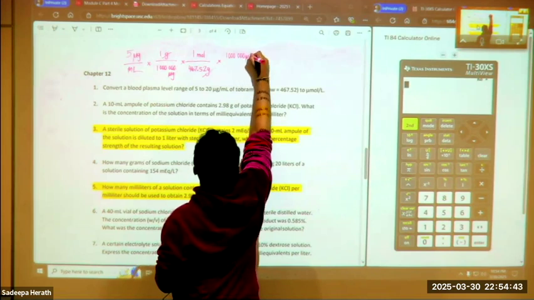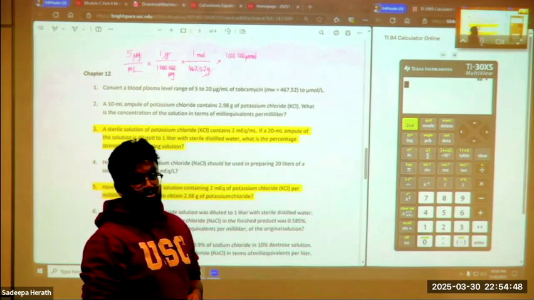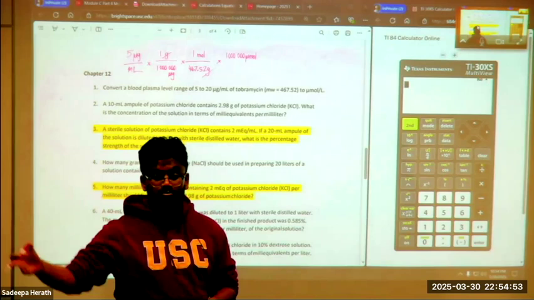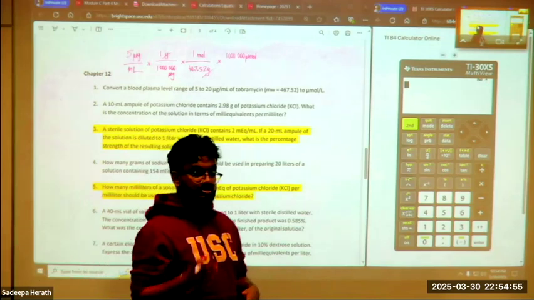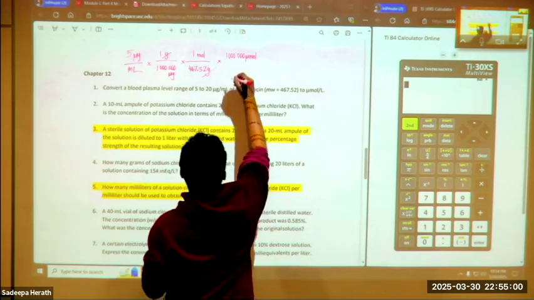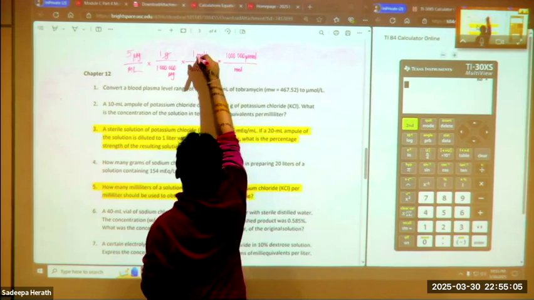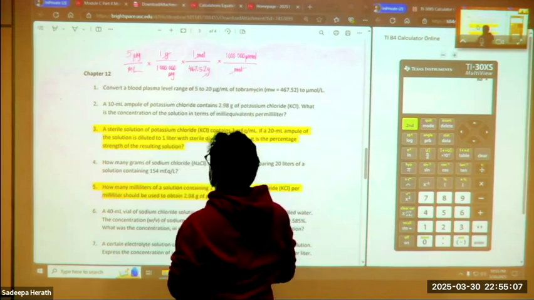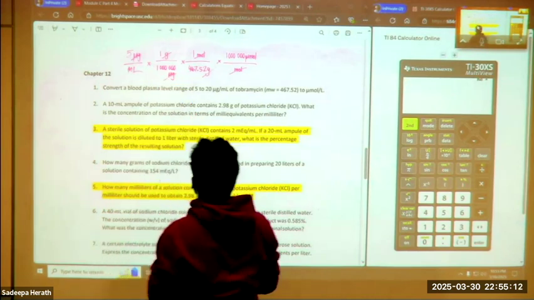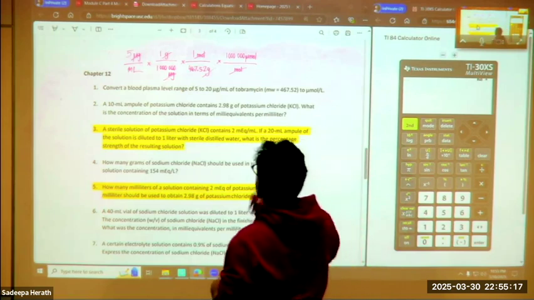How did I get a million? There's 1,000 millimoles per 1 mole, and then another 1,000 micromoles per millimole. 1,000 times 1,000 is a million, but you can just go directly to million. Moles cancel out, so now we have micromoles. So we have something micromole per milliliter. What they want is micromole per liter.